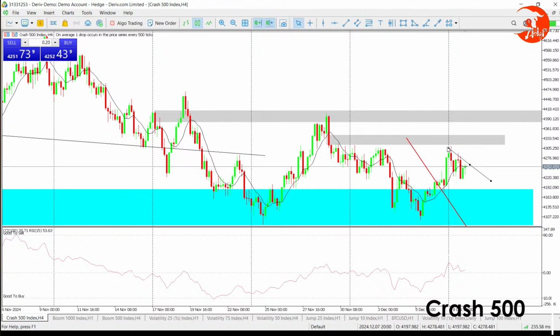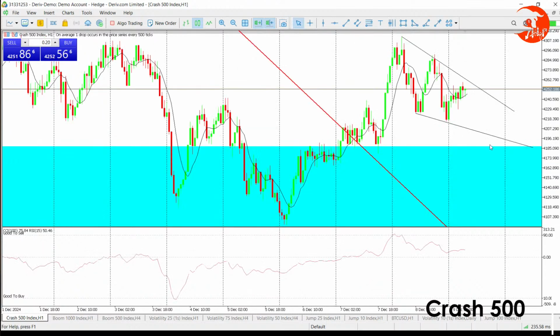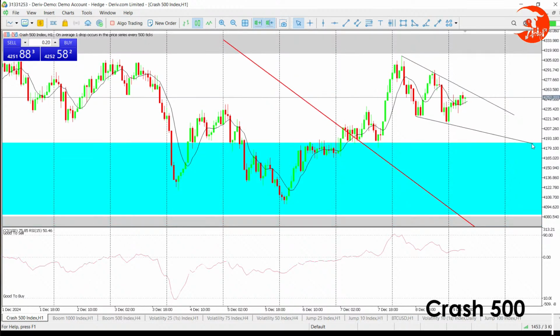One thing I may anticipate on this level here is a falling wedge. If you go to H1, it may be a bit clearer to understand. So this is what we can see so far in this asset.